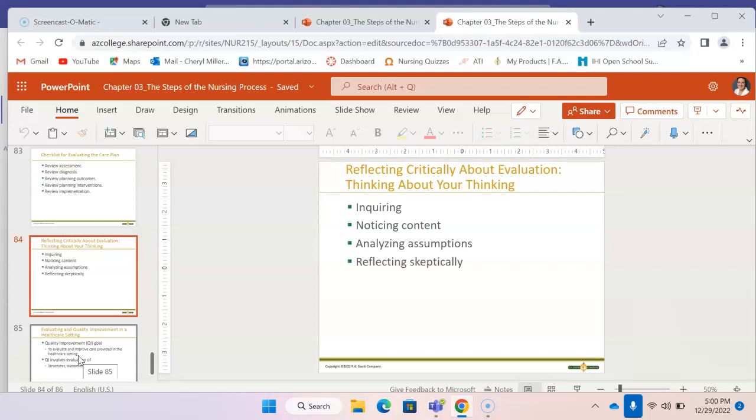Reflecting critically about your evaluation. Thinking about your thinking. Do I have stinking thinking? If I have stinking thinking, we're in trouble, right? So you inquire, is this the right thing? You notice cues and content. You analyze your assumptions that you put in that plan. Then you reflect skeptically what could be causing them not to get this.